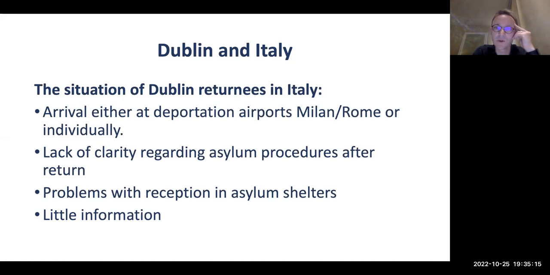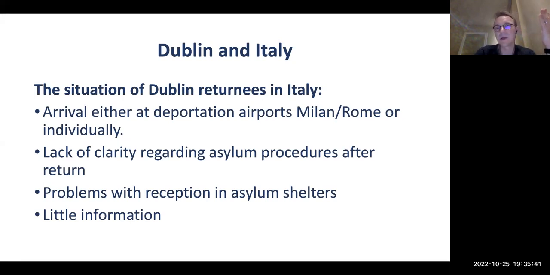You don't know how to go there. You have problems understanding where you can stay in the first place when you come to Milan and Rome. You have no ties. There are some problems with the shelter, whether you can re-enter the asylum shelter from your first passage through Italy.